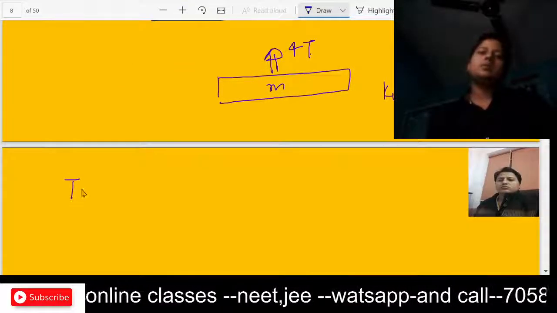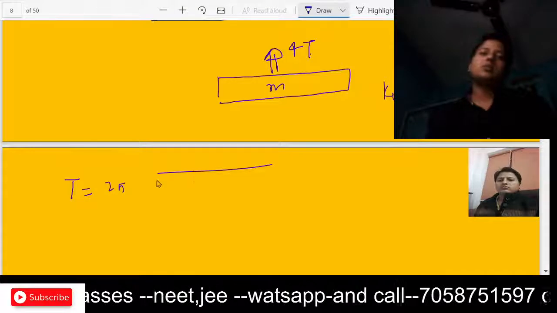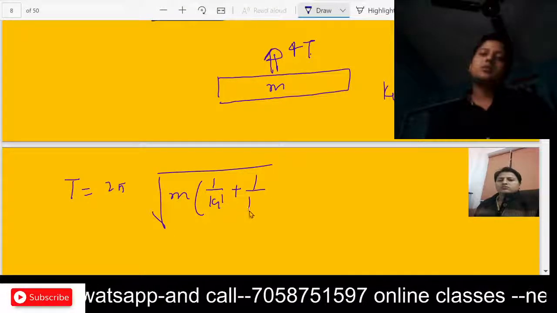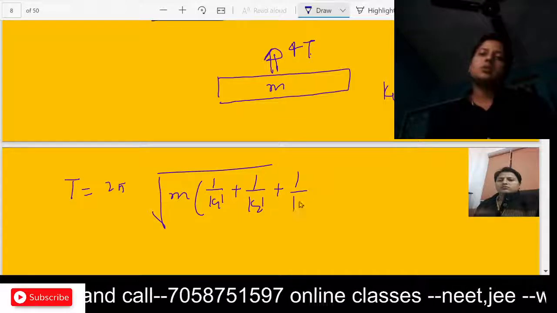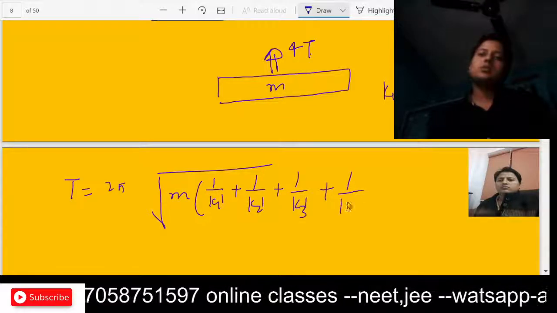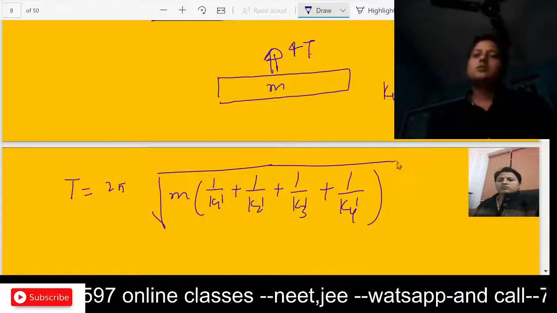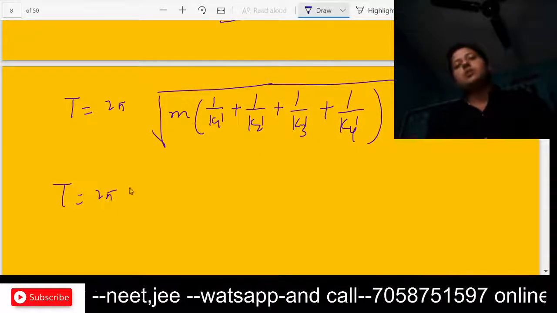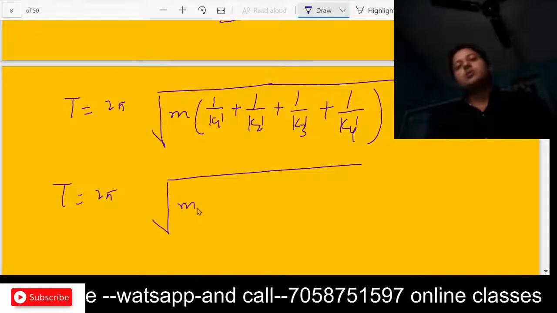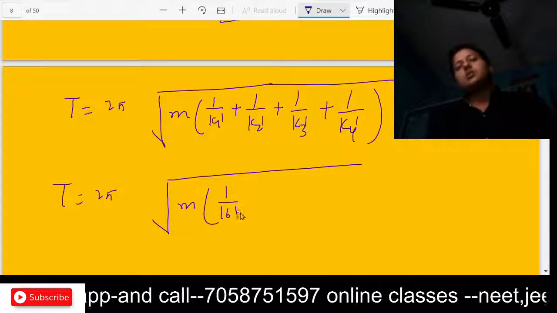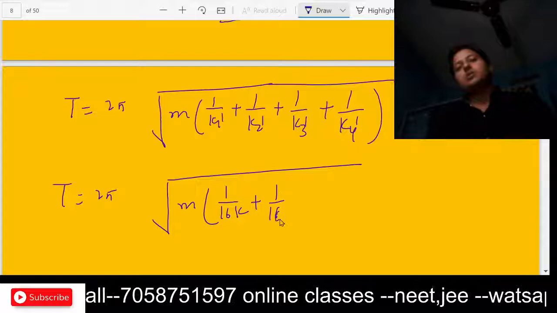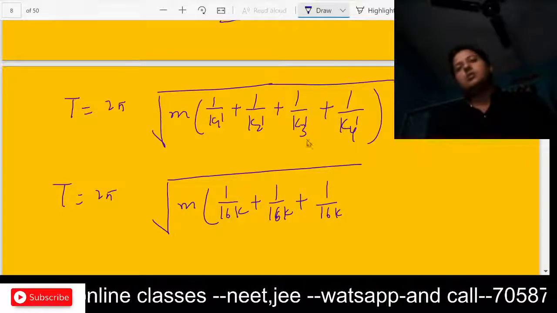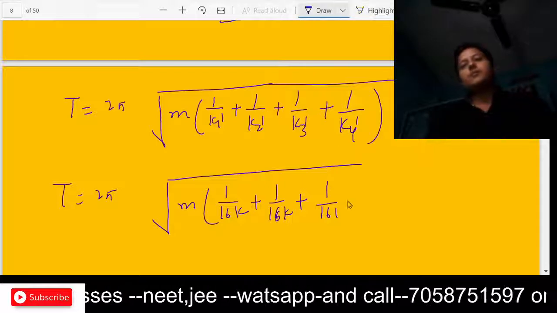So what will be the time period here? 2 pi under root m into 1 over K1 dash plus 1 over K2 dash plus 1 over K3 dash plus 1 over K4 dash. So T equals 2 pi under root m times 1 over 16K plus 1 over 16K plus 1 over 16K plus 1 over 16K.